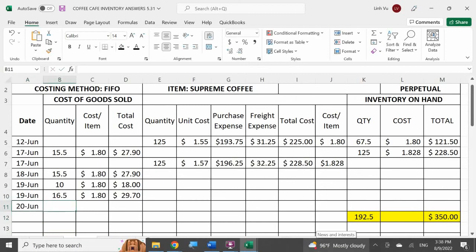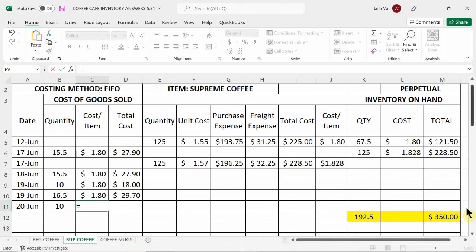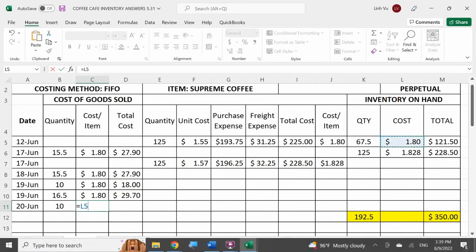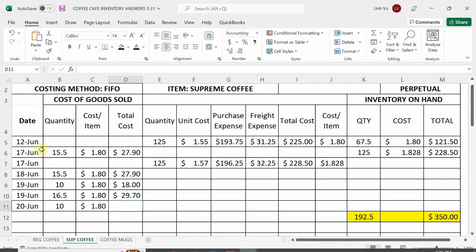What about the Supreme coffee? It's still $1.80. And right now, it's currently still $1.80 because we still have 67.5 pounds left remaining. So in this case, 10 times $1.80 will give you your $18.